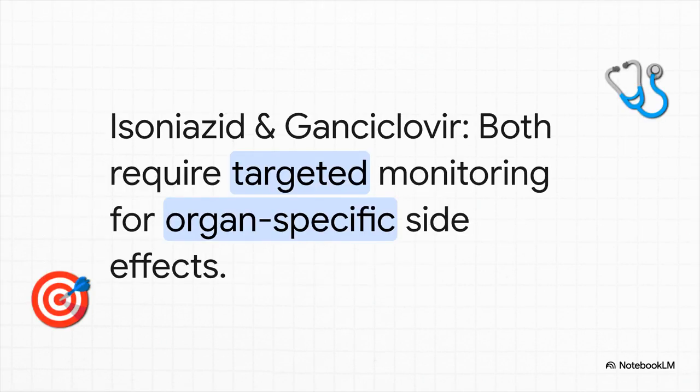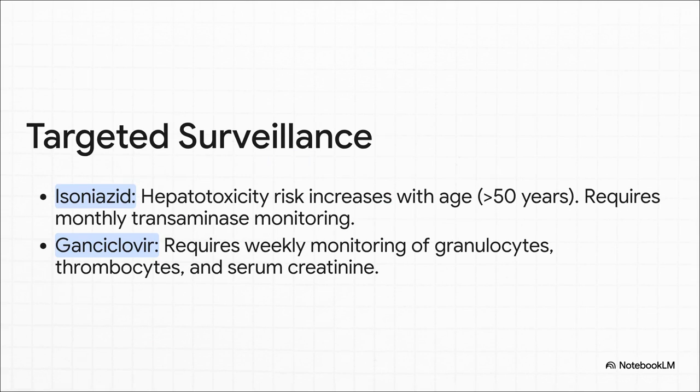Now, this whole principle of targeted monitoring isn't just for those 2 drugs. It extends to a lot of other critical medications. Our last vignette will touch on 2 more quick examples, isoniazid and ganciclovir, which both demand close surveillance for organ-specific side effects, especially in our older patients. For isoniazid, the big worry is the liver.